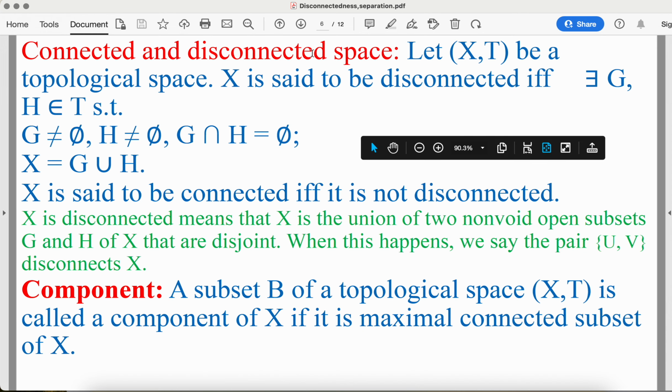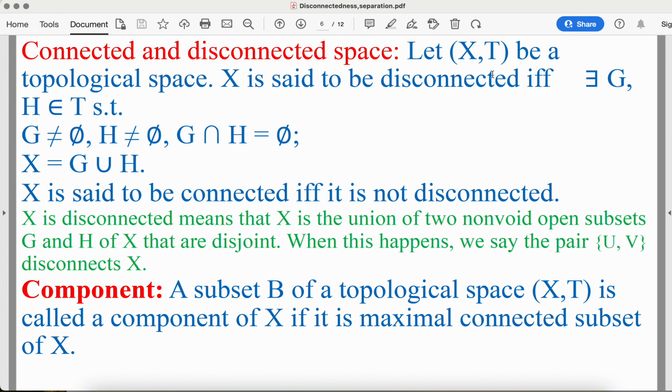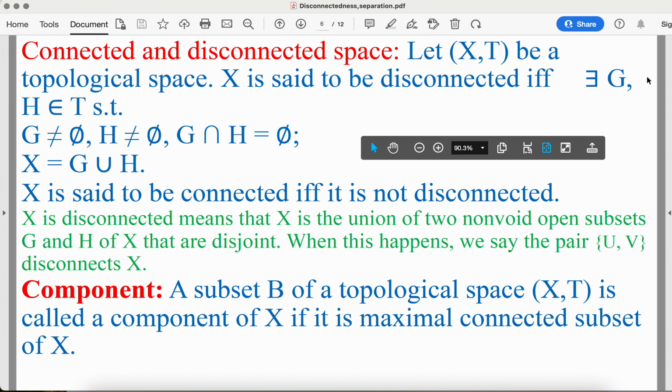Now, connected and disconnected spaces. The topological space (X, T) is said to be disconnected if and only if there exist open sets G and H belonging to T such that G and H are non-empty, and the intersection of G and H is empty, meaning they are disjoint.